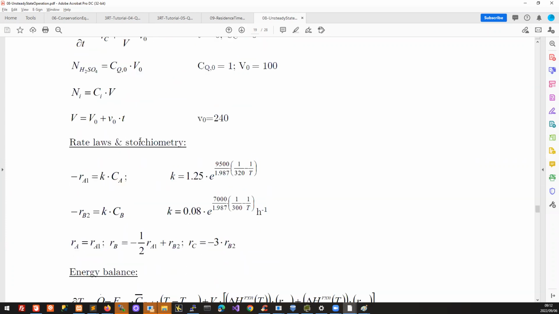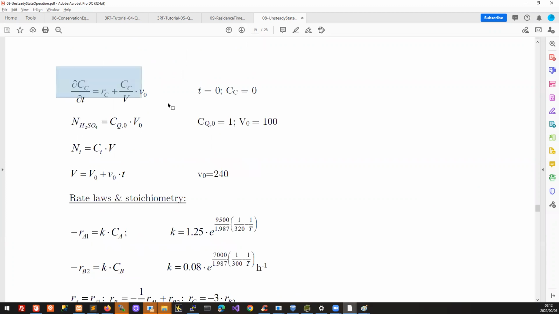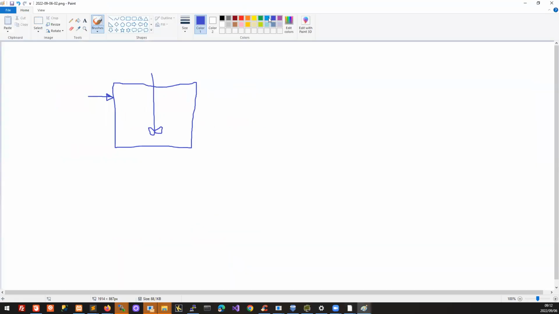So for the semi-batch case, we have the concentration balance given like so, and we also have that the volume is going to change. So in this case, our reactor is a liquid volume reactor, and so that additional stream that is helping us restore the concentration is a liquid stream, and so our level is rising over time in this reactor, right?